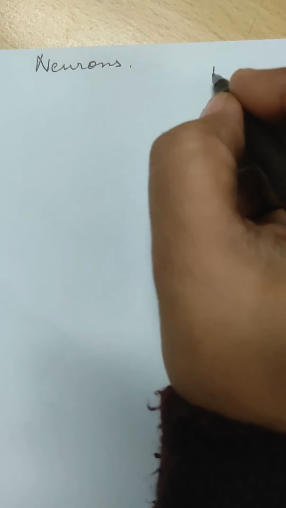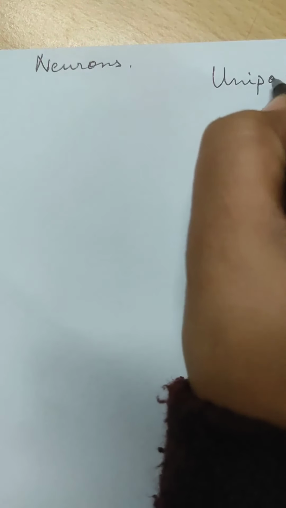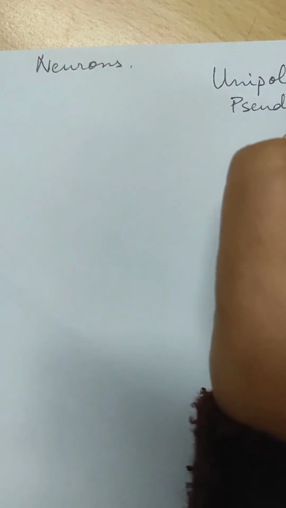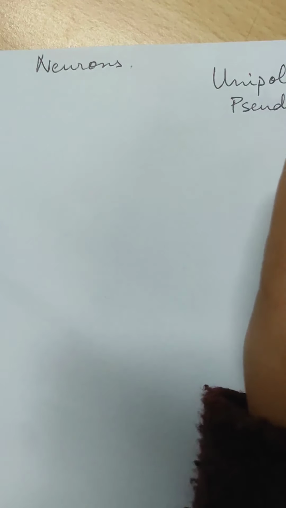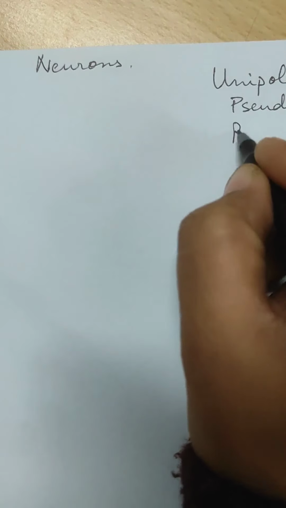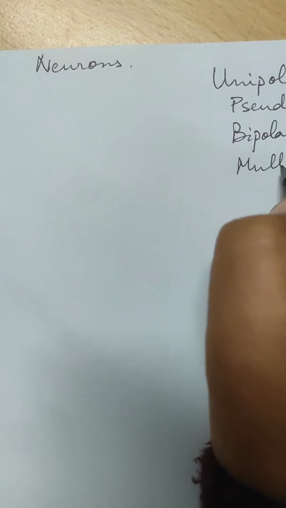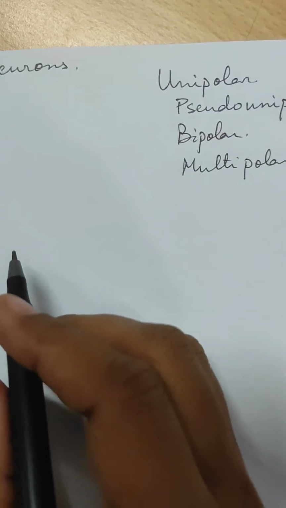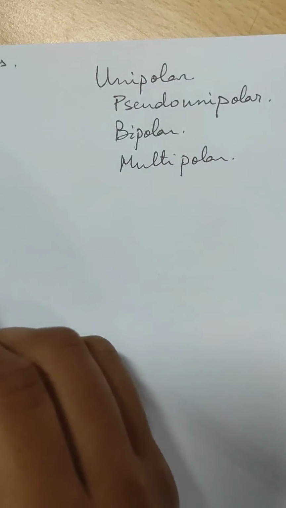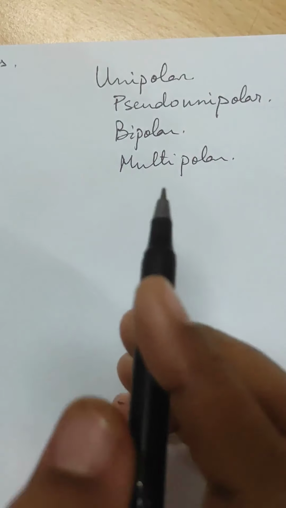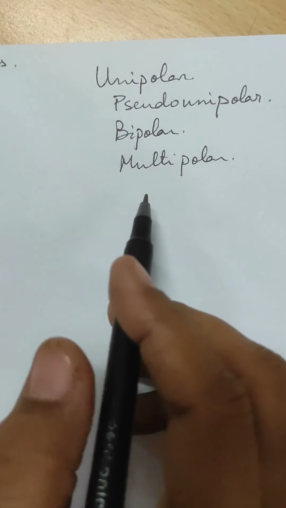We have unipolar, pseudo-unipolar, bipolar and multipolar neurons. This polarity depends upon the dendrites or the axons which are coming out of the cell.